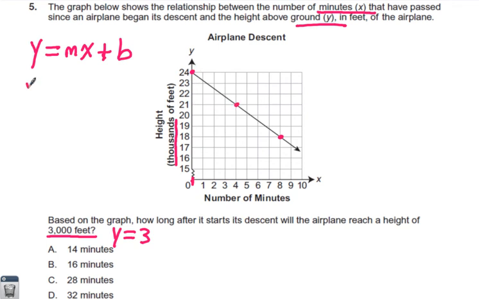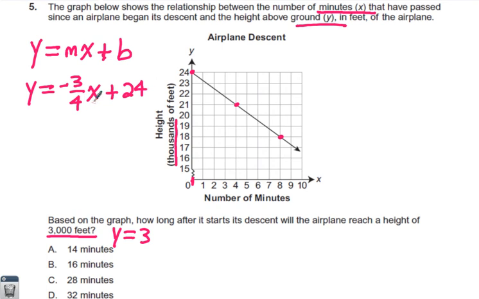which ultimately really means -3,000 over 4, but maybe I can just use 24 for my B instead of writing in 24,000. Anyway, the way I'm going to use my equation is, I want to know what my X value would be.